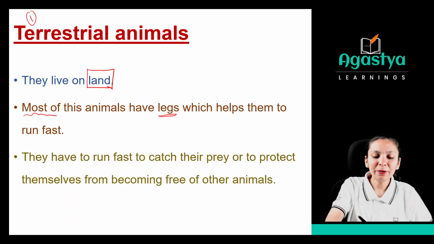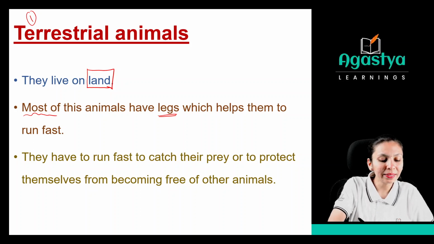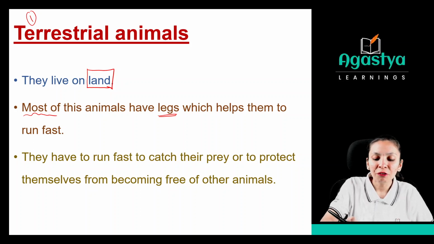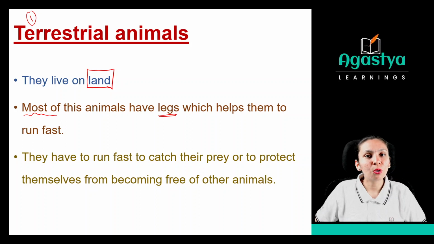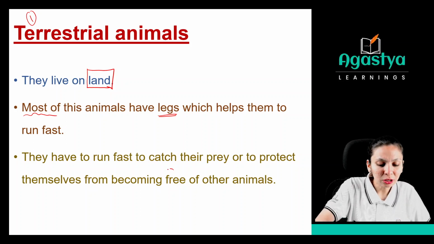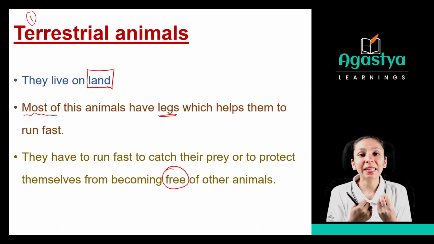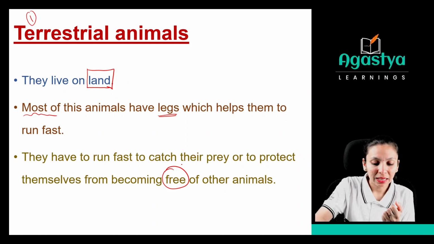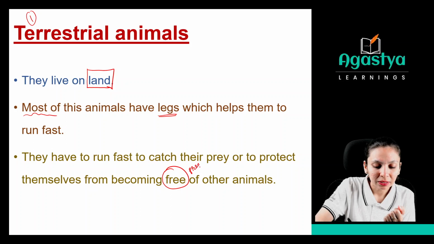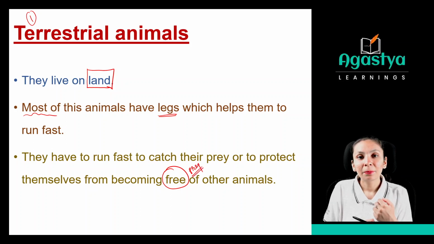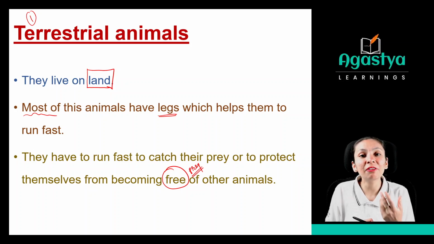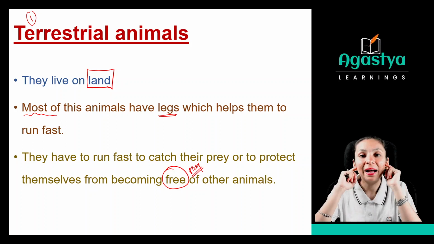And they have to run fast to catch their prey or to protect themselves from becoming prey of other animals. If something is preying on them, if they are becoming prey of someone, then they have to make themselves free, right? Why?